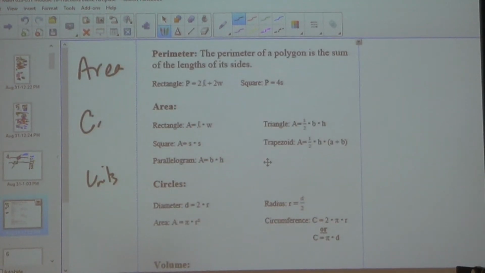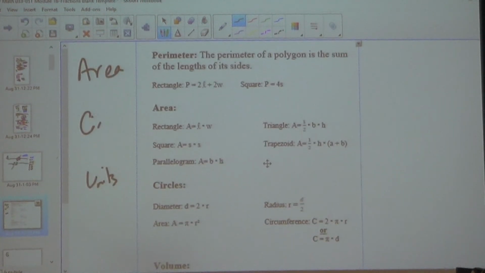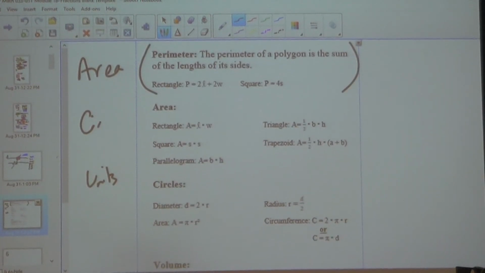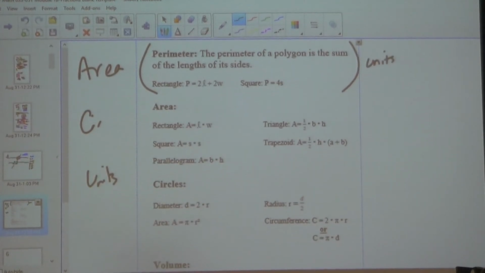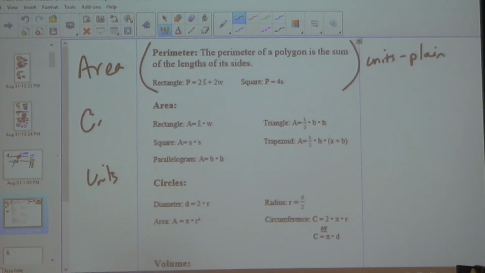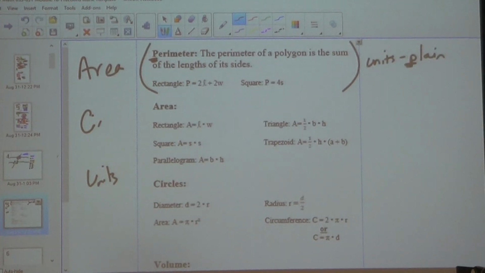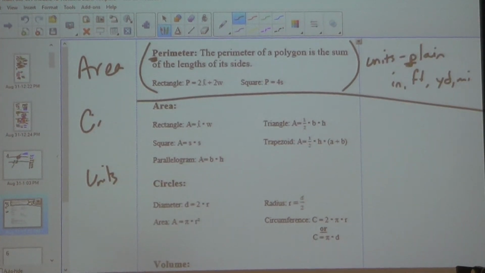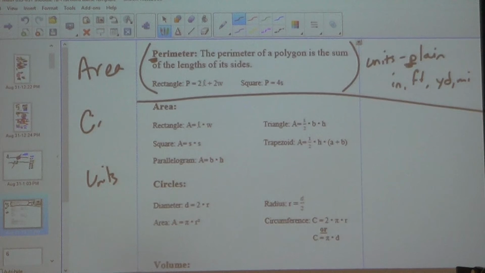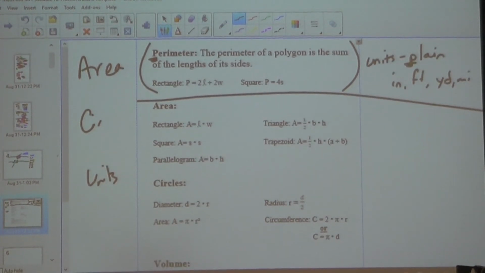All right, perimeter. Your units for perimeter are plain. Perimeter, plain units. So your units are inches, feet, yards, miles. They're just plain units.